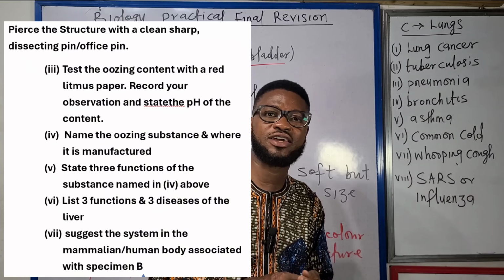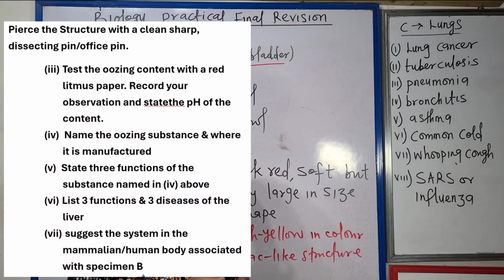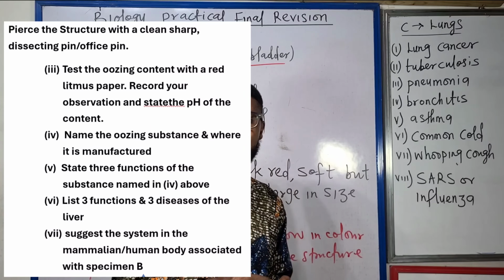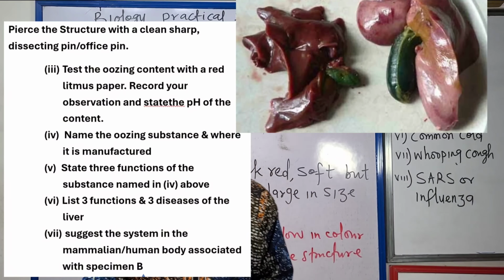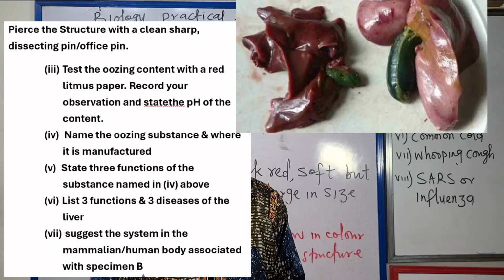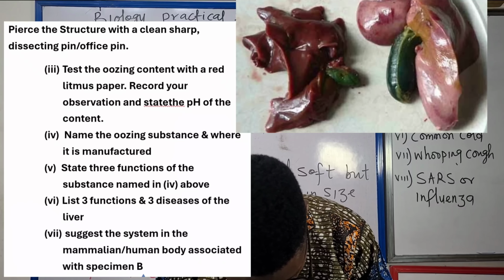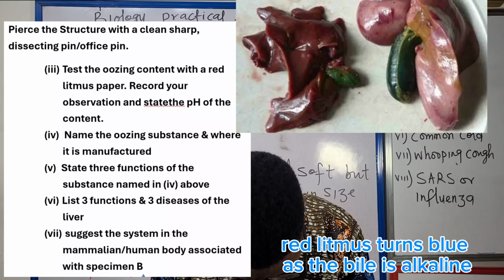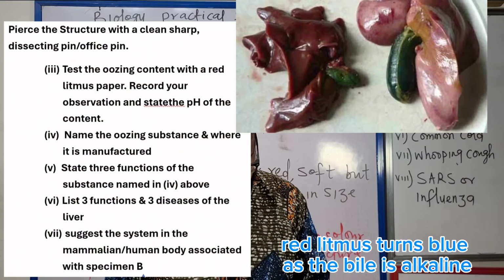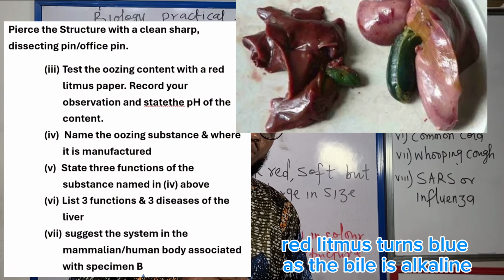Of course, you know that the content of the gallbladder, talking about the bile, is alkaline with pH from 7 to 8. So when you test with a red litmus here, the red litmus is going to turn blue. Yes, because why? The pH is above 7.